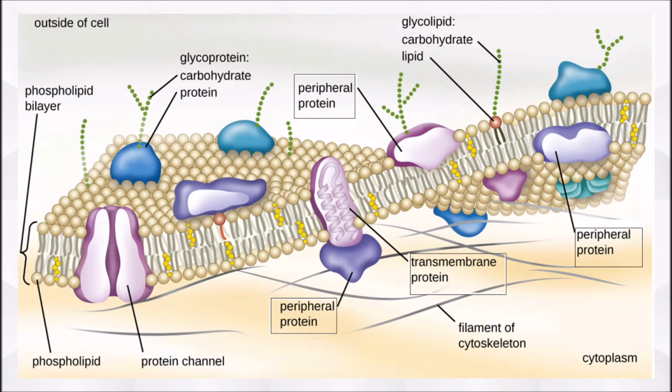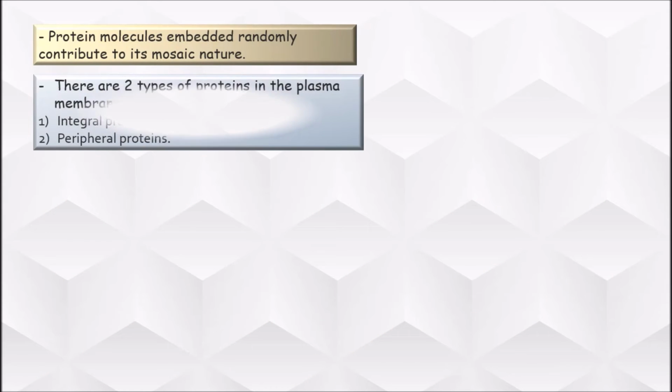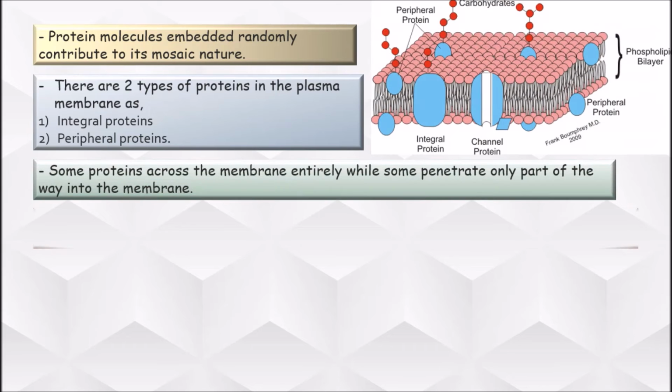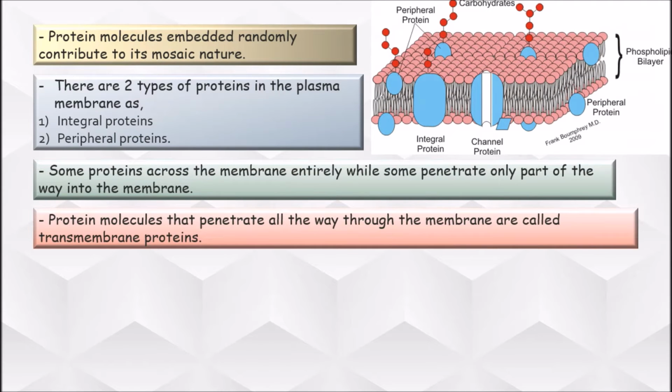Protein is another main component found in the plasma membrane. Look carefully at how proteins are embedded in the lipid bilayer of the plasma membrane. Protein molecules embedded randomly contribute to its mosaic nature.